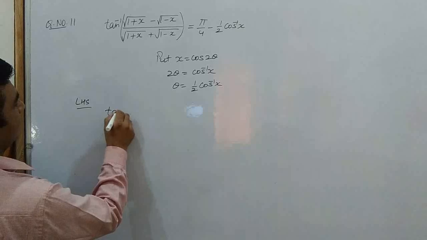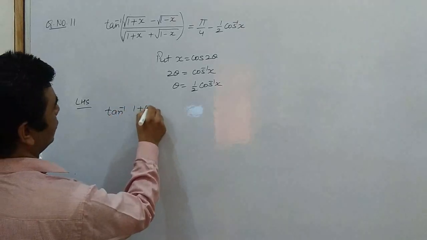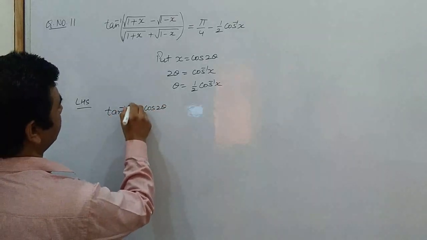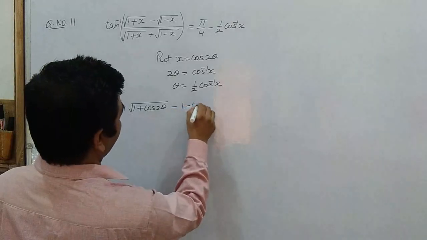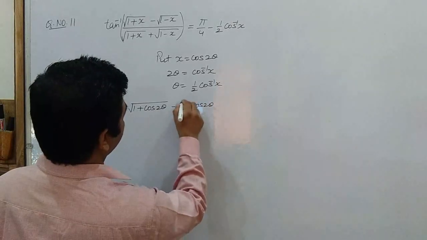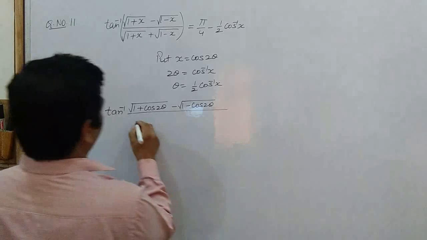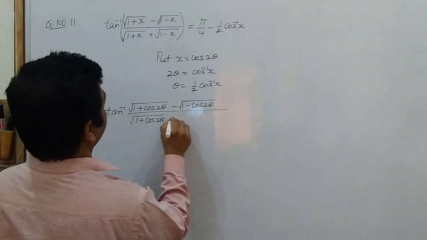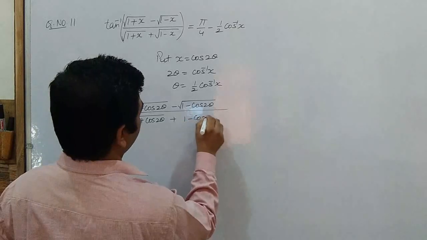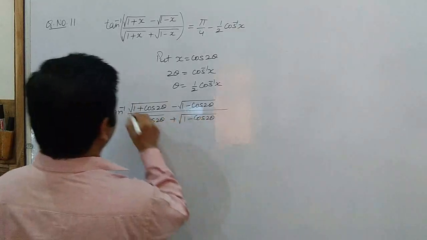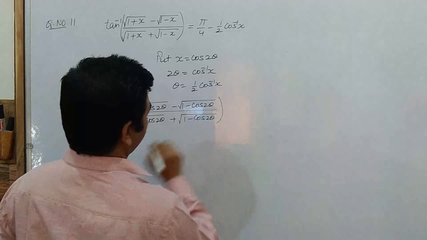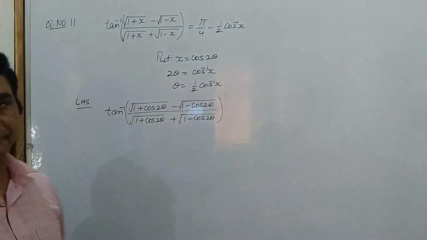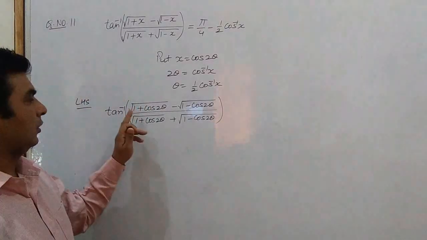Now the left hand side of the question will be tan inverse of (square root of 1 plus cos 2 theta minus square root of 1 minus cos 2 theta) divided by (square root of 1 plus cos 2 theta plus square root of 1 minus cos 2 theta). Now the question will convert in the form of theta.